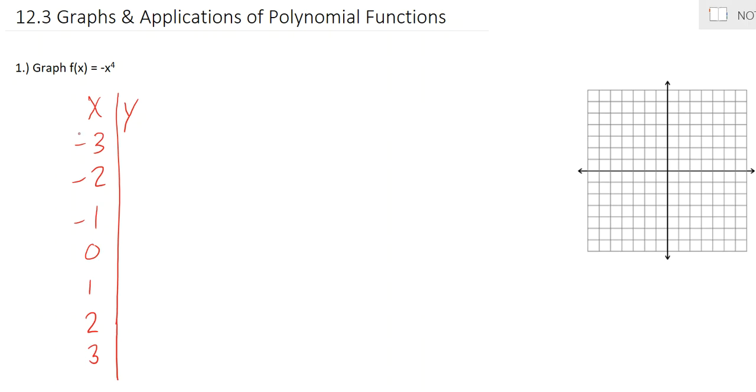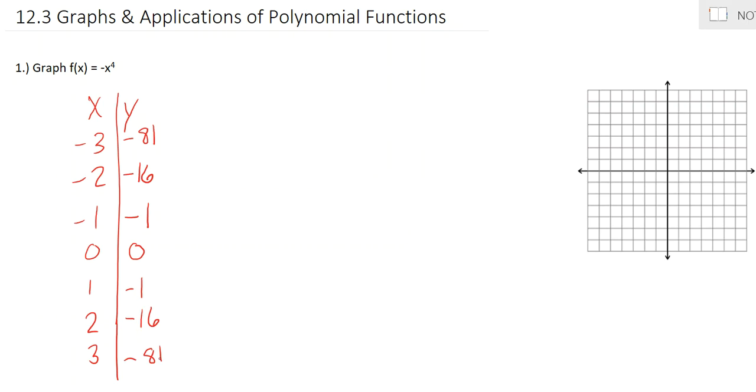And what we'll do is we'll start plugging these in. When I take negative 3 and I raise it to the fourth power, you're going to get 81, but then you're going to negate it, so you're going to get negative 81. When I put in negative 2, you'll get negative 16. Negative 1 will produce negative 1, and 0 will produce 0, and then we get negative 1, negative 16, and negative 81.